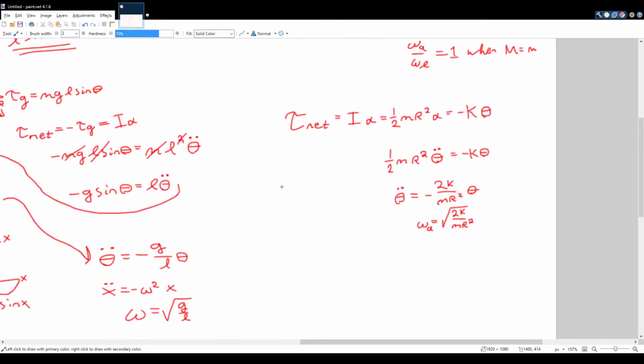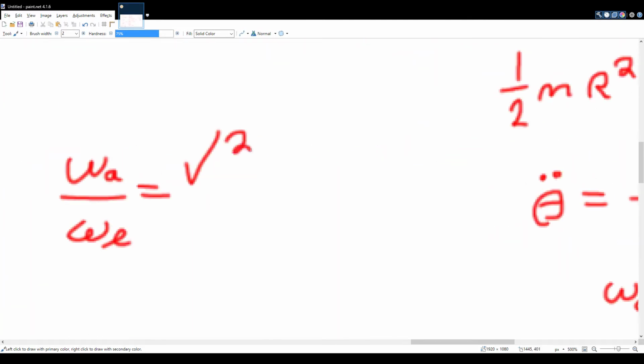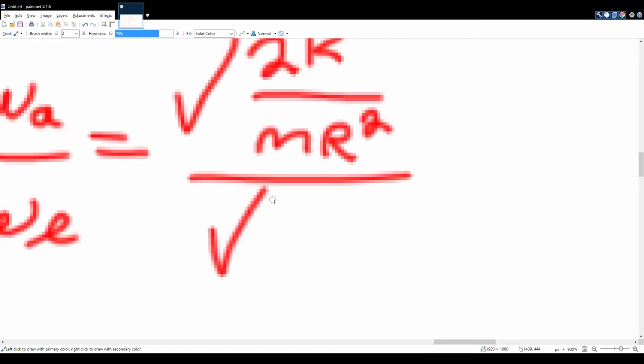So we're going to take the ratio of omega sub A over omega sub L. This is equal to the square root of 2 chi divided by mr squared, divided by the square root of k over m.